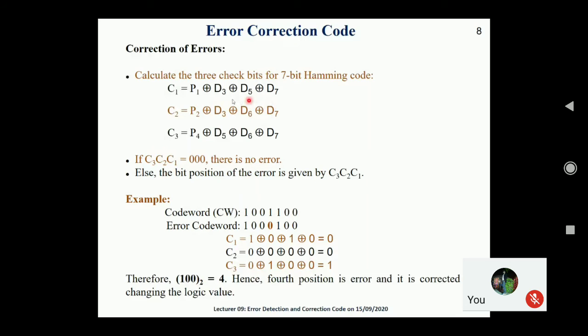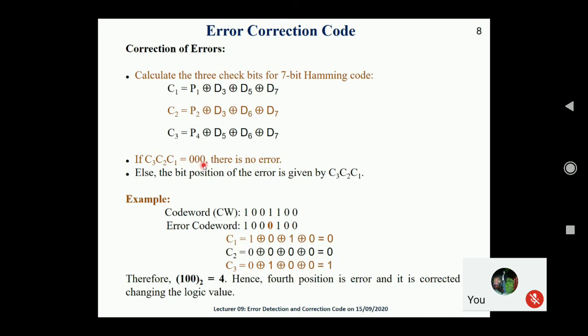If C3, C2, C1 are all 0, 0, 0, that means there is no error. That is, after computing C1 we get 0, after computing C2 we get 0, and after computing C3 the logic value is 0, then there is no error.